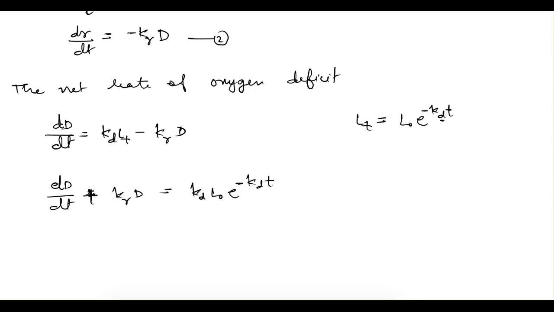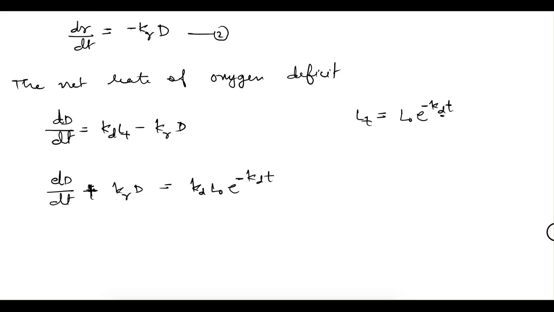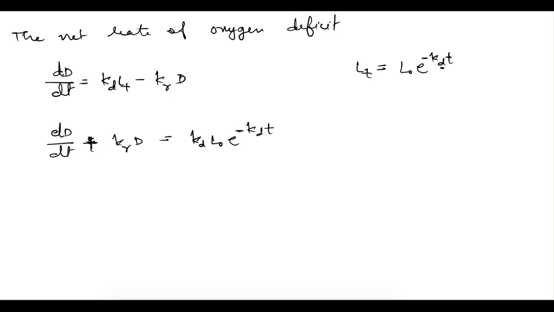Now this equation is a first order differential equation. So the integration factor would be e to the power integral of kr dt, that is equal to e to the power kr into t.